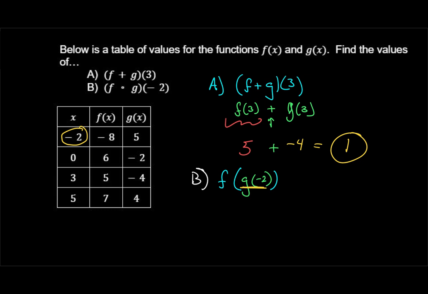The g value, or the y value for g, when x is -2 is 5. So we have f of 5. From there, we need to find the x value of 5 on the table, which is all the way down here. Then we look at the y value in the column for the function f, which is 7. So overall, part B evaluates to 7.